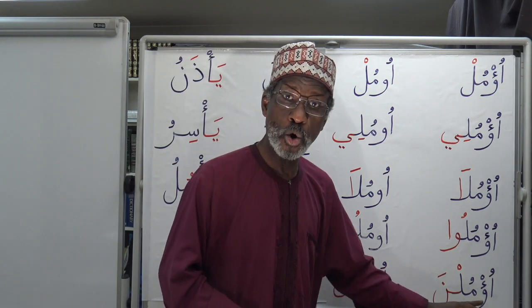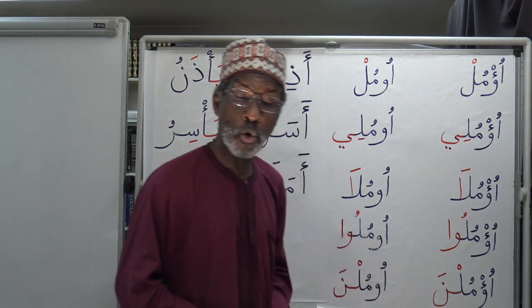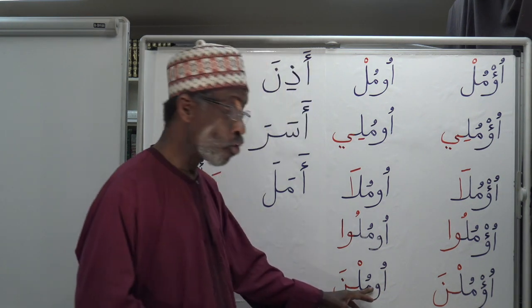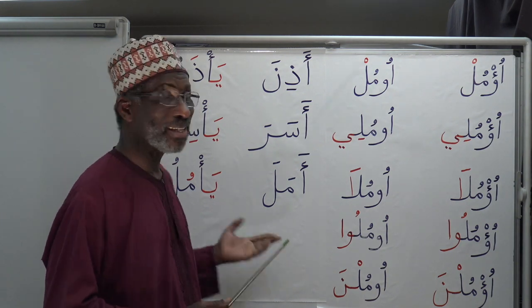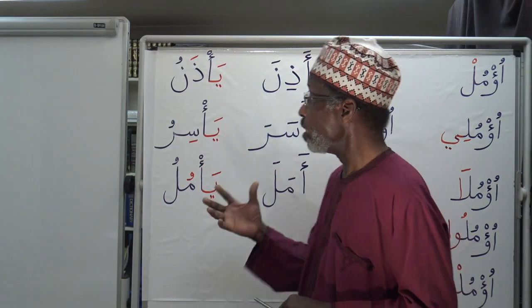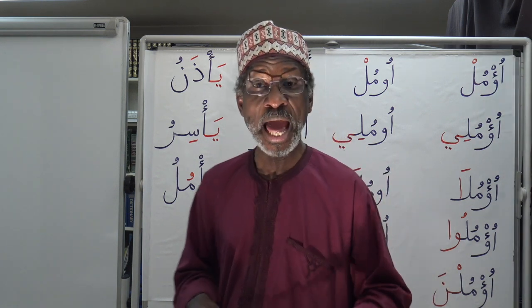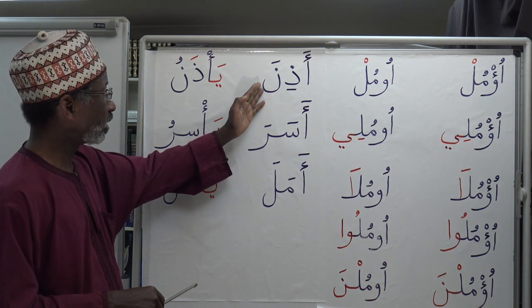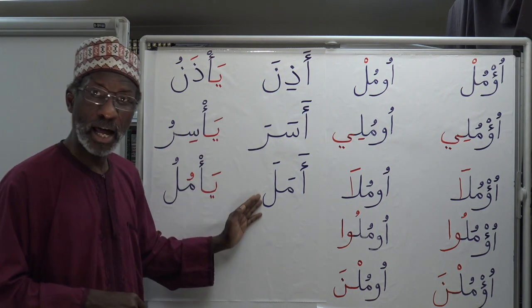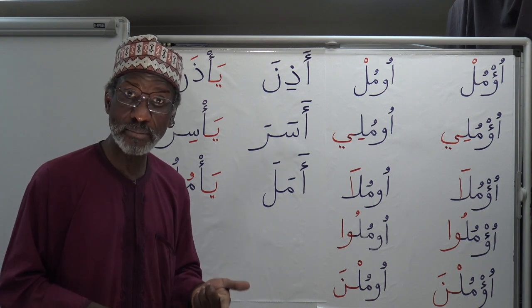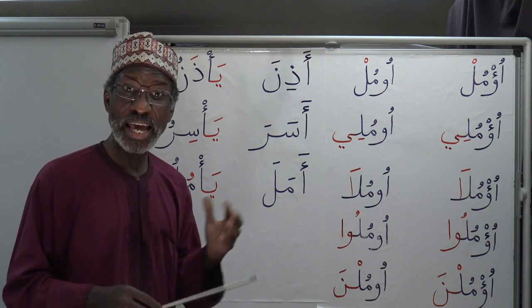Umulna, mulna. This is for feminine plural. So this is the complete conjugation of the verbs starting with Hamza, such as adhina, asara, and amala. We have dealt with it in the past tense, present tense, and the imperative.